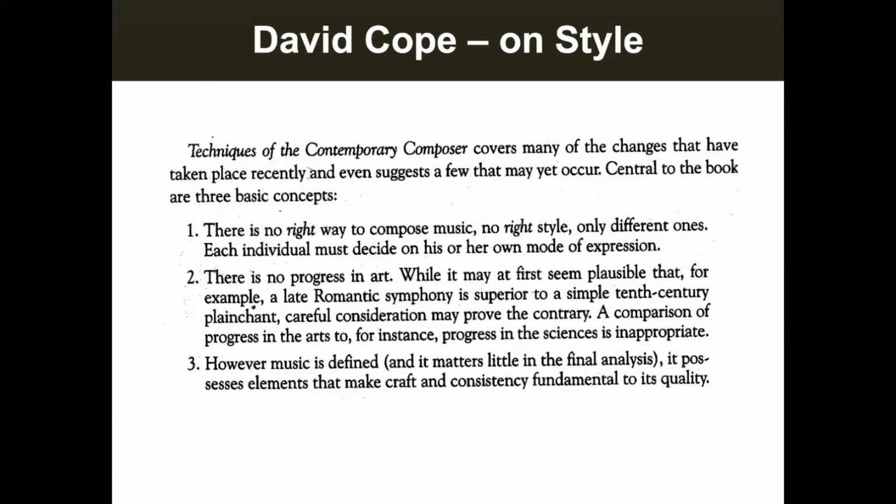A comparison of progress in the arts to, for instance, progress in the sciences is inappropriate. So even though the Middle Ages music, we might say, is simple, the music is as high a level as has ever been achieved. And it's about aesthetics.